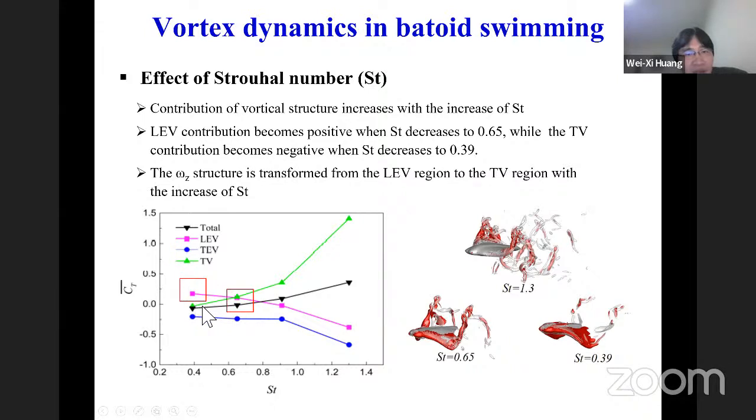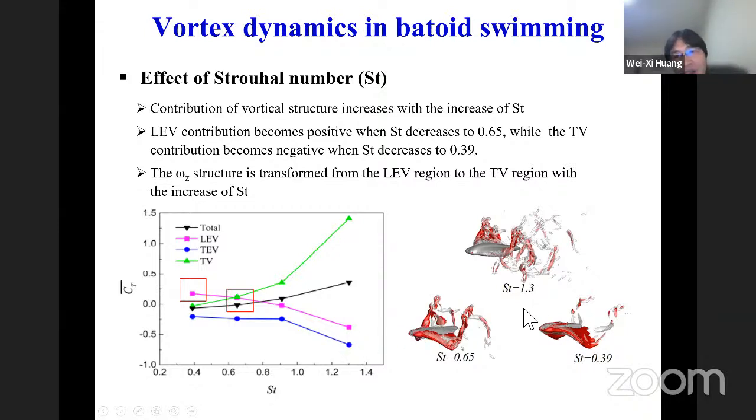But when the Stokes number increases to 0.6 to 1.3, the tip vortex has a much higher contribution to the thrust force, but the leading edge vortex becomes a negative contributor.